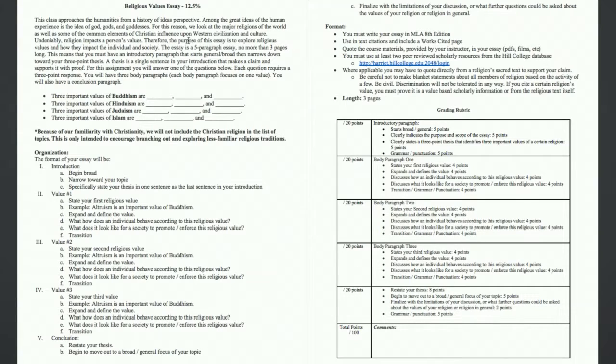Most people are familiar with Christianity and Christian values because some may disagree with this, but America is kind of built on those kinds of values. We tend to call them Judeo-Christian values. So really, if you do values of Judaism, you're getting pretty close to the heart of the values of Christianity anyway. But I'd rather us put our focus on these 4: Buddhism, Hinduism, Judaism, and Islam.